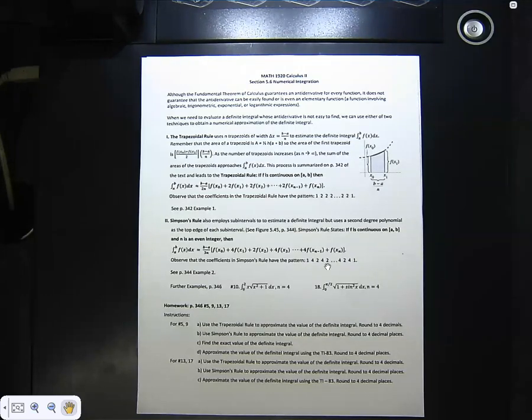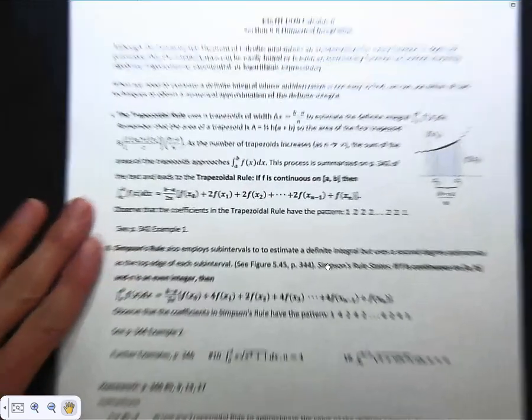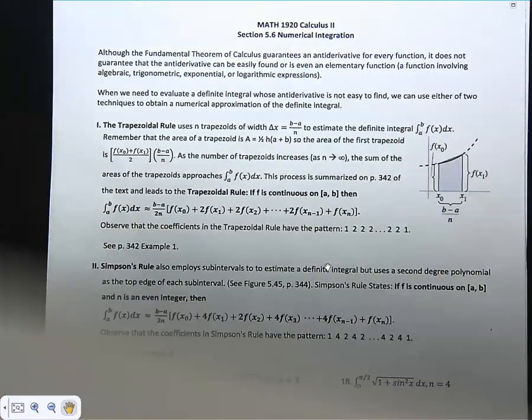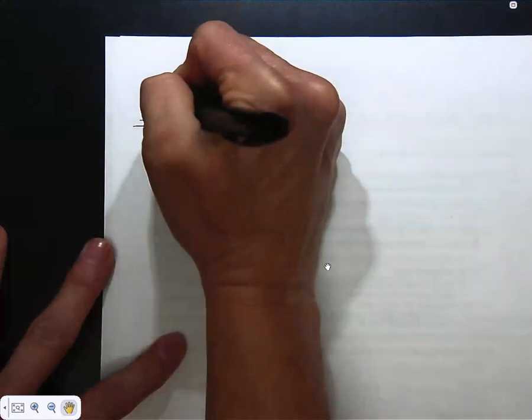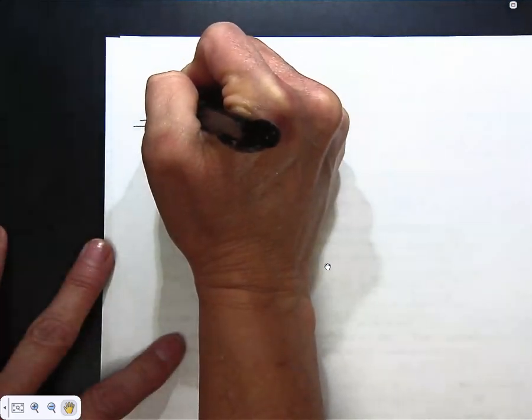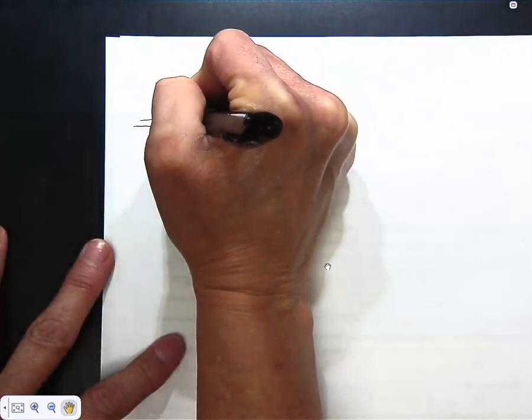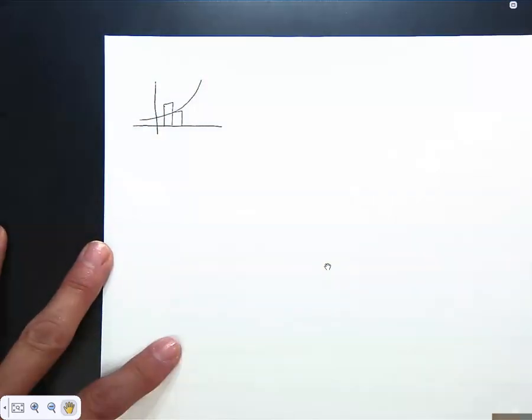All right, 5.6. Let me do a little drawing talk here for a minute. You know, drawing's not my strong point, but so far we have been talking about finding the area under a curve, and we started by using rectangles to do that. And we said if you choose certain rectangles, you'll get an area that's too big. If you use certain rectangles, you'll get an area that's too small.